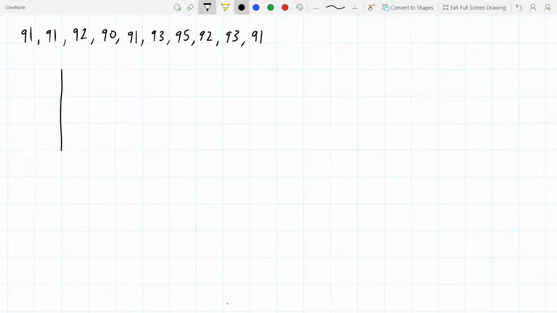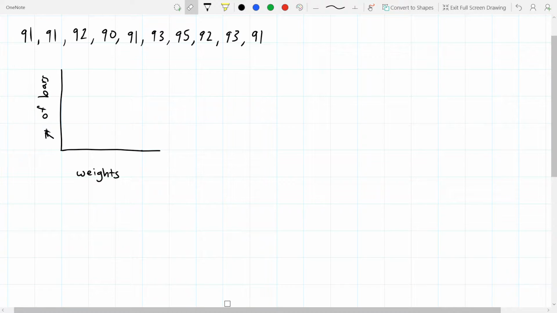Okay, so we have the x-axis here, and on the x-axis we're going to plot weight. And on the y-axis, we are going to put number of chocolate bars. Okay, let's add a little more space there.